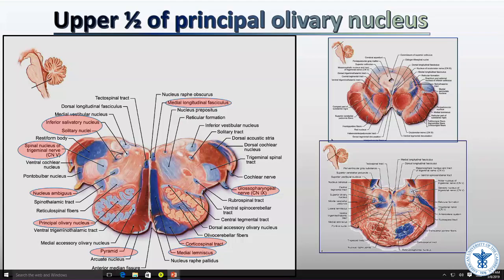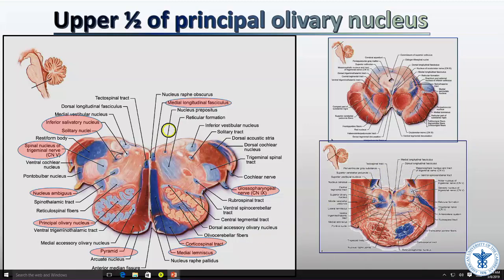Now, I put this for reference to see how the structure of the brainstem is actually changing from rostral to caudal. So this is how it was in the midbrain, and you see the aqueduct there, and this is a representative section of the pons with an open fourth ventricle.